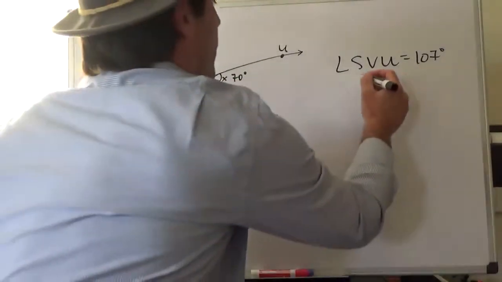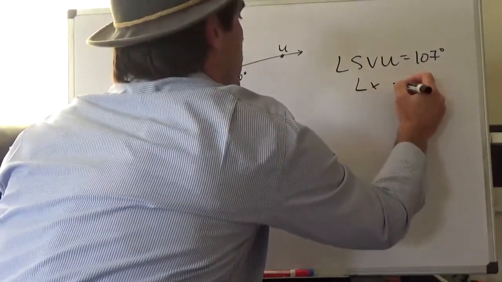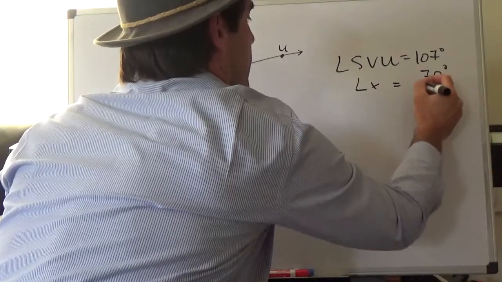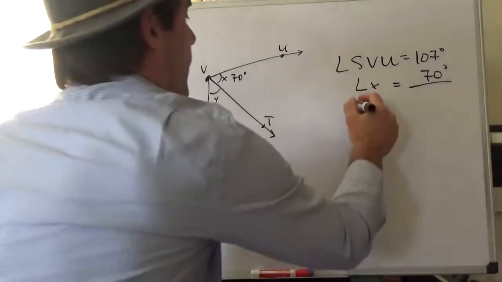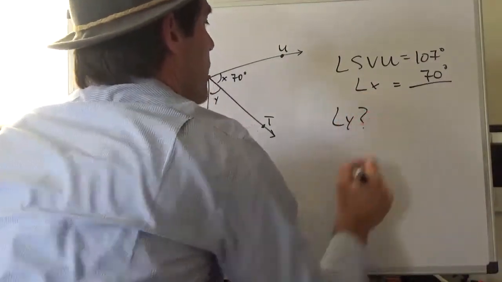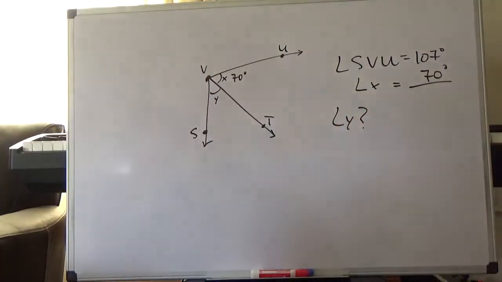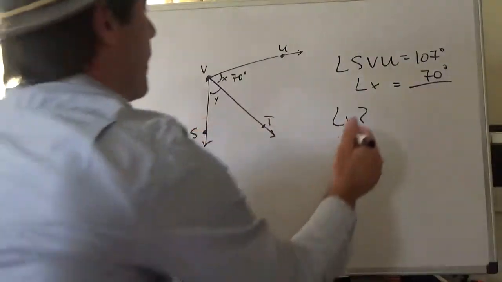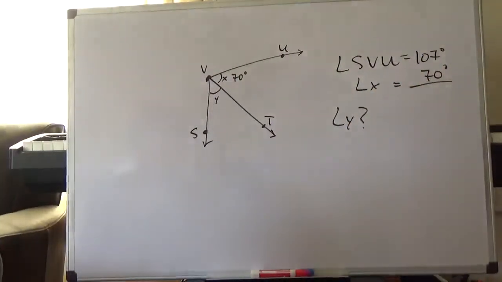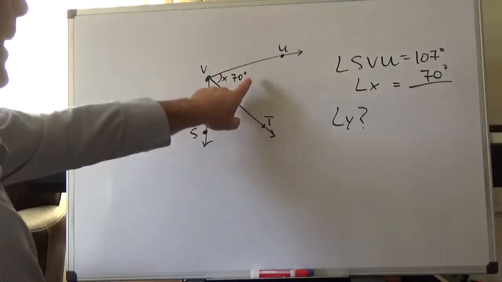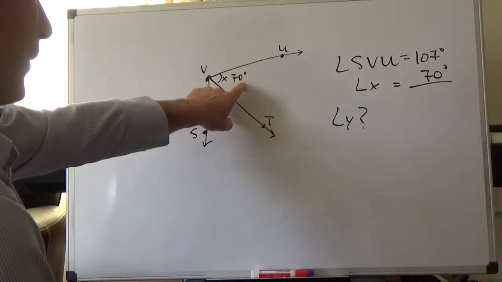We know that angle X is 70 degrees. So what is angle Y? What can we do there? Is angle X smaller than our entire angle? Yes, angle X is just a part of it. It looks like it's a 70 degree part of it.